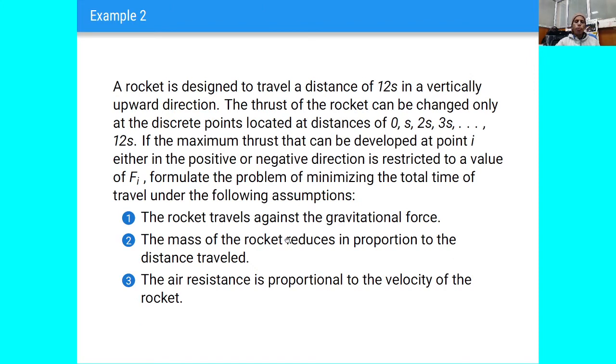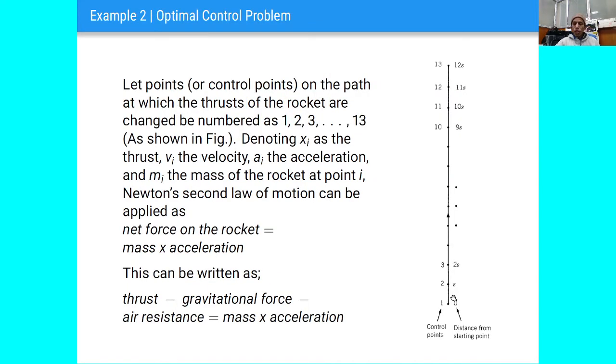The mass of the rocket is reducing in proportion to the distance traveled. Suppose the mass at control point 1 is m1, and the mass at control point 2 is m2. So what will be the difference between these two masses? Obviously m1 will be higher and m2 will be lower.